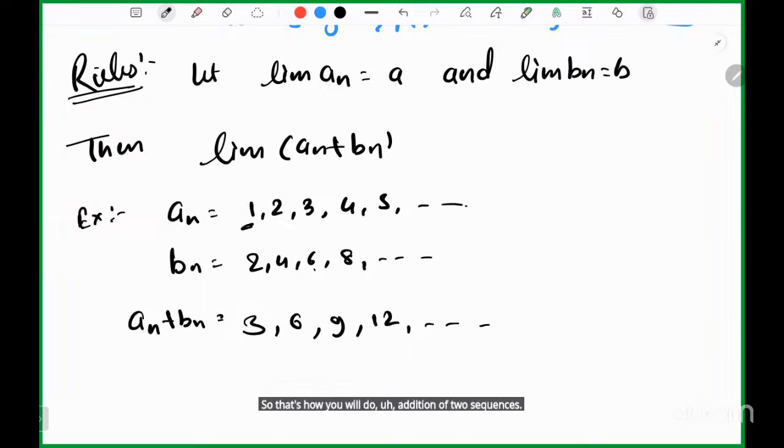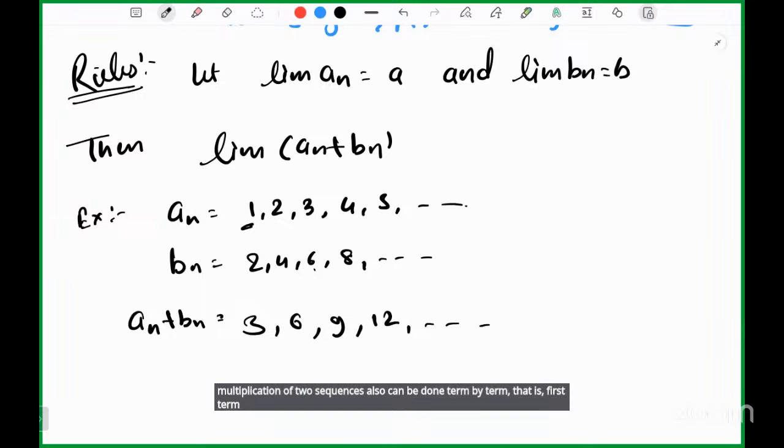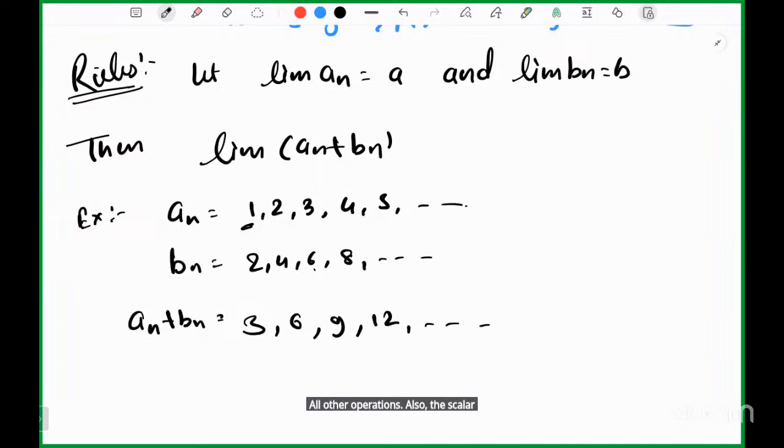Similarly, multiplication of two sequences can also be done term by term. That is, the first term gets multiplied by the first term, the second term by the second term and so on. Similarly, division and all other operations, and also scalar multiplication. For example, if the sequence an is 1, 2, 3, 4, 5, then what is the sequence 2 times an?